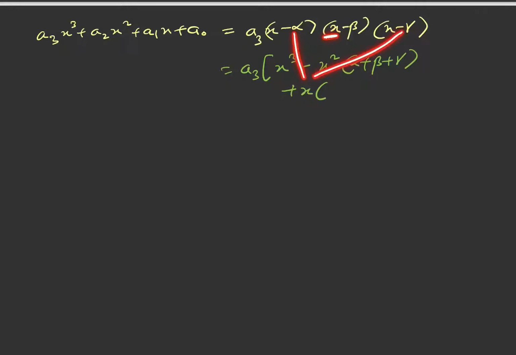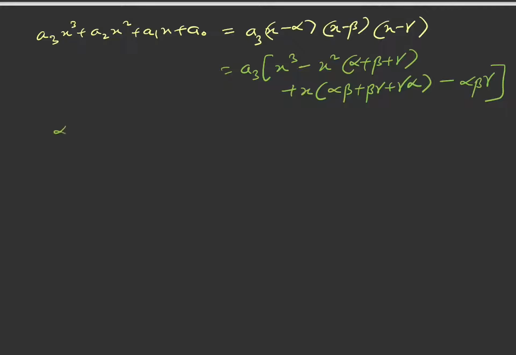Similarly, here you take x and from the others you take the constants minus alpha and minus gamma, and similarly x with minus alpha and minus beta. So finally you will get plus x into alpha beta plus beta gamma plus gamma alpha. At the last, to get the constant term, you just take the constant from each bracket, so minus alpha into minus beta into minus gamma, that will be minus alpha beta gamma.